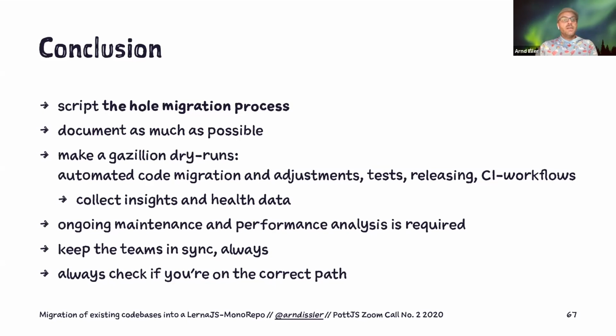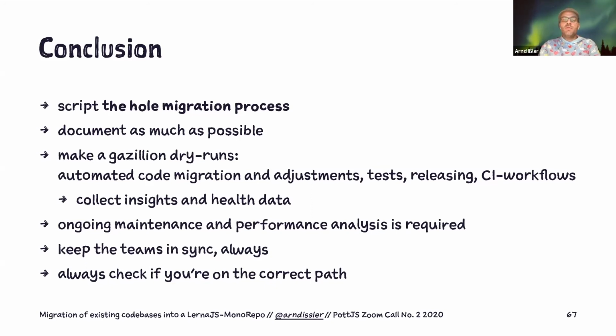And always talk to the team. Is everything good? Does everything work as expected? Is everything fine? And always check if you're on the correct path. Maybe before you hit the final return on the command line to kick off the migration to the monorepo, you say, oh, we're raising more problems than we solve.